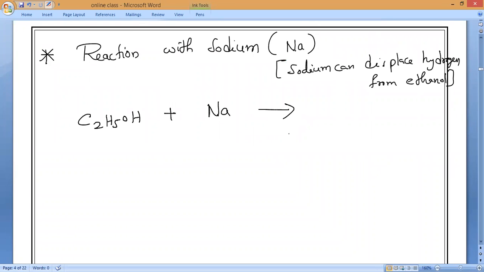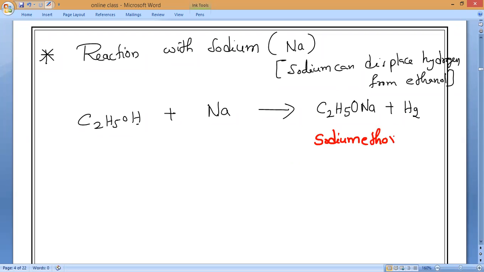Only the hydrogen will be removed, and it will form sodium ethoxide. C2H5OH plus sodium gives the compound plus hydrogen gas, which comes off separately. This is called sodium ethoxide.